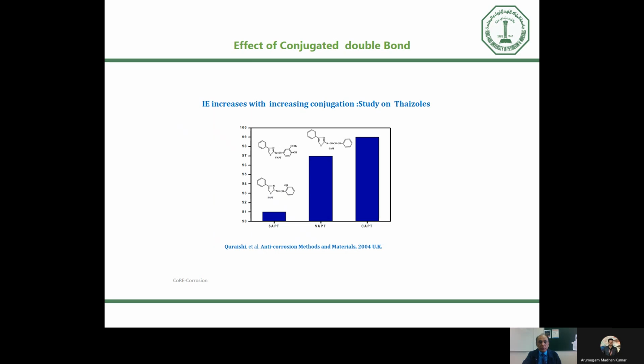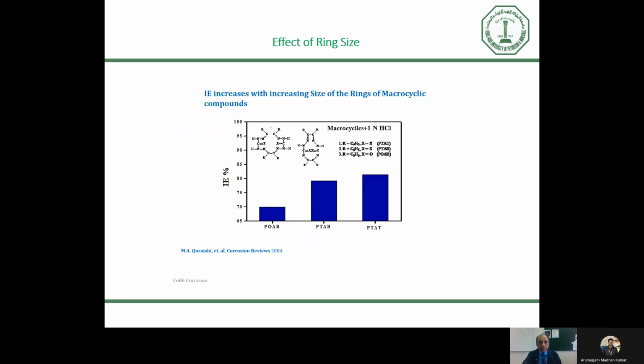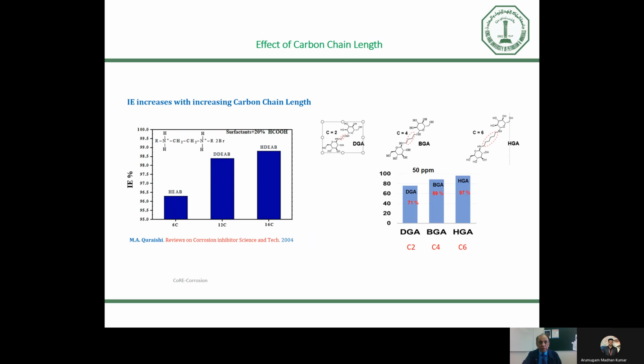Similarly, if you increase the conjugation in the structure, the performance will be very high. If you increase the size of the ring, then also you can have good corrosion inhibition. And if you increase the carbon chain length in the structure of an inhibitor, then also you can have good performance.